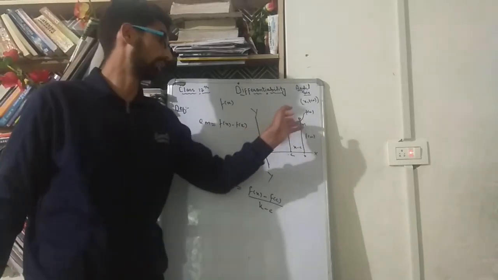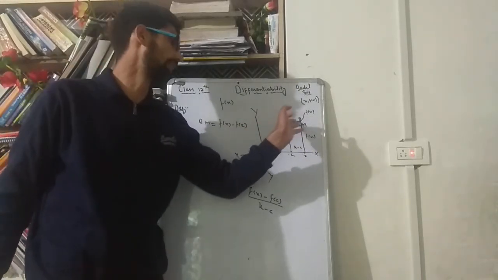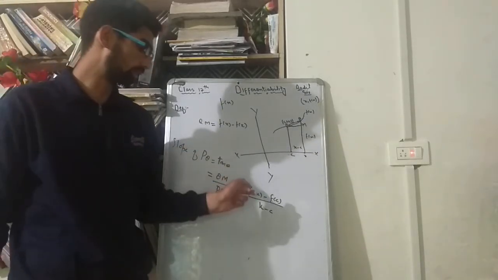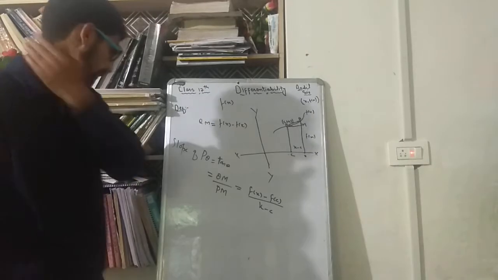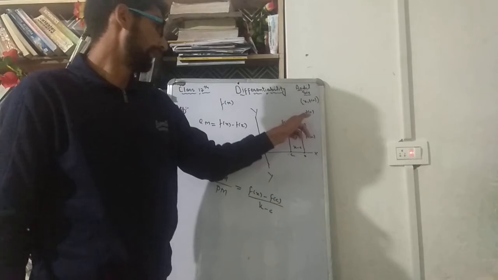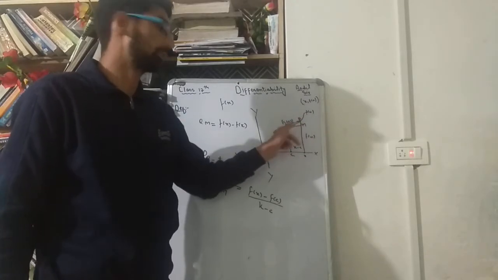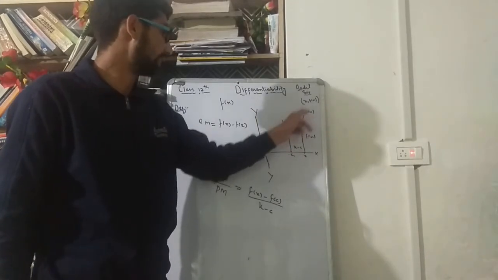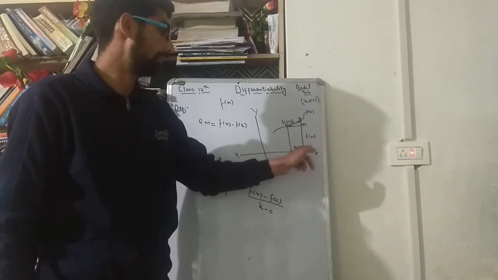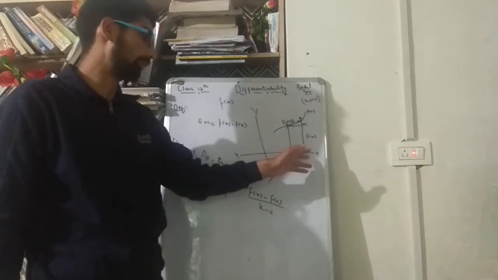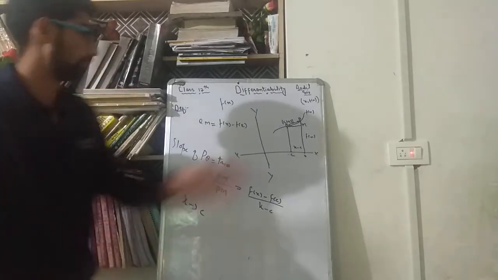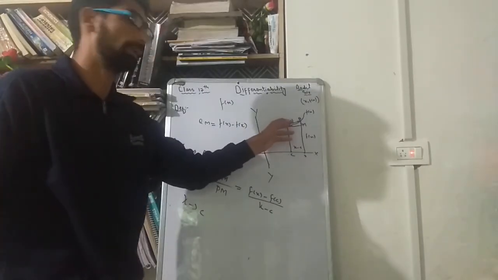which is also a secant here, PQ, as f of x minus f of c divided by x minus c. But now, if I make this point Q tend to P, that is, if I make x tend to c, if I approach this x to c, what will happen?